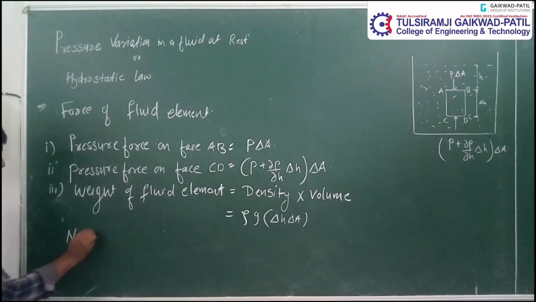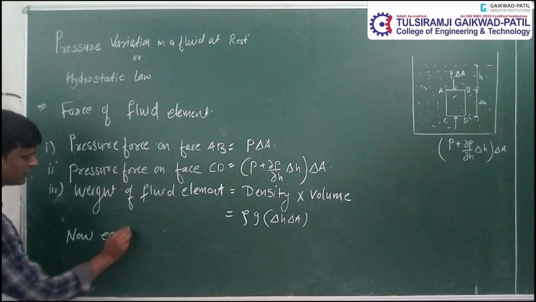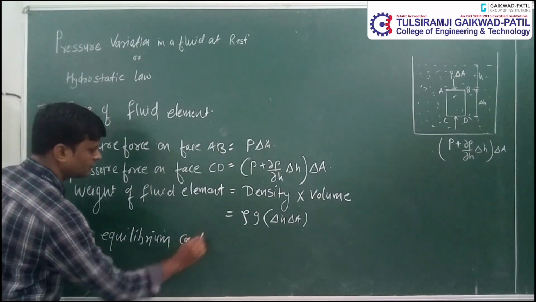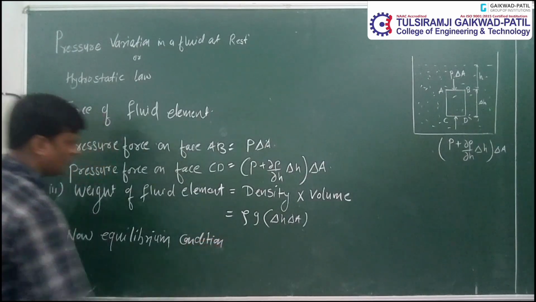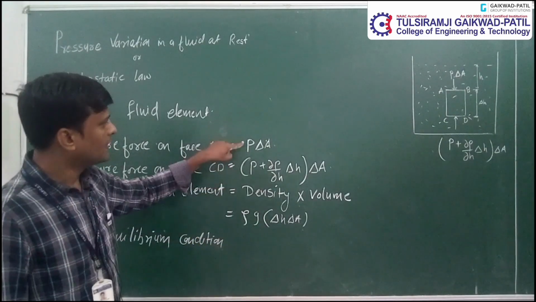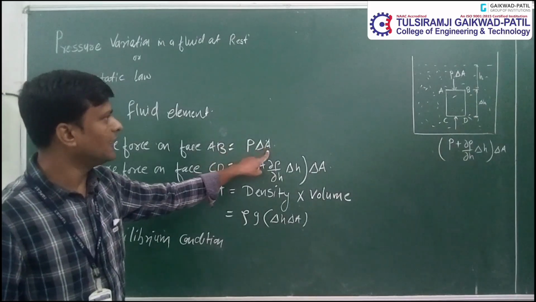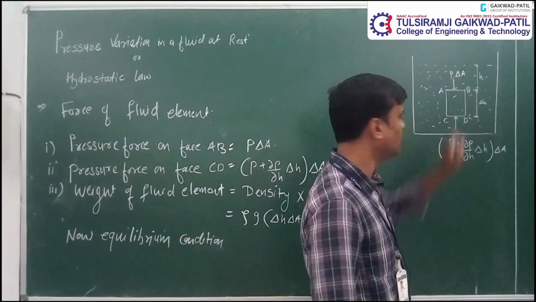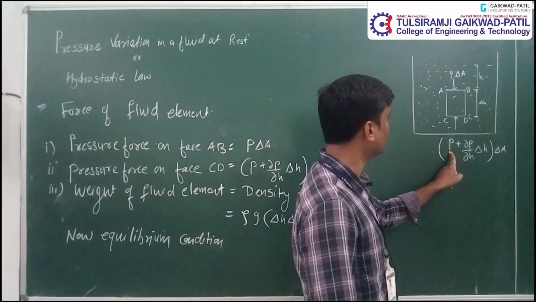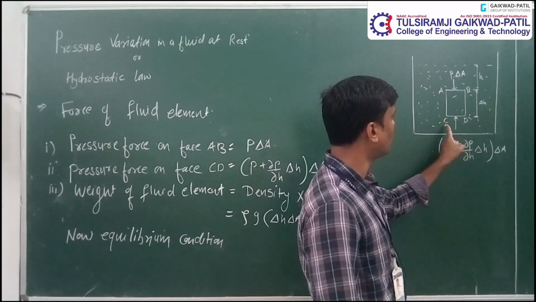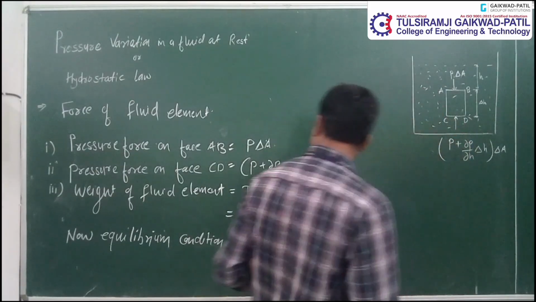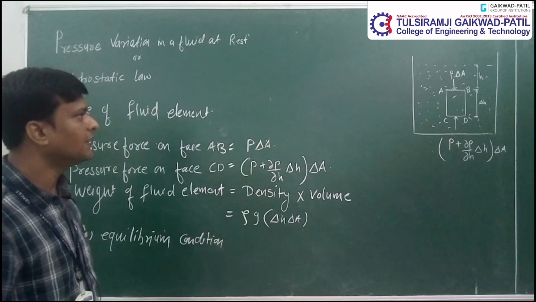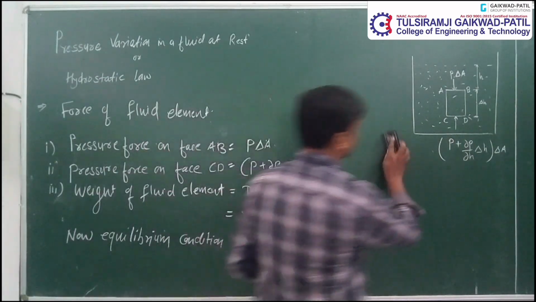Now for the equilibrium condition, we can see here this is the force P into delta A acting vertically downward on face AB, and this is the force acting vertically upward on face CD, and simultaneously the weight of the fluid element is again acting in a vertically downward direction.